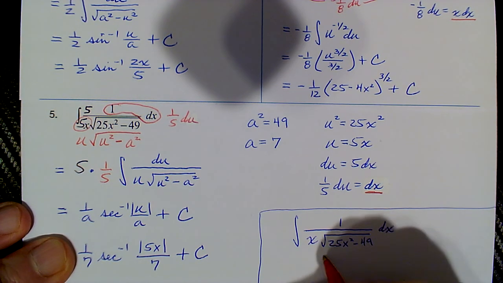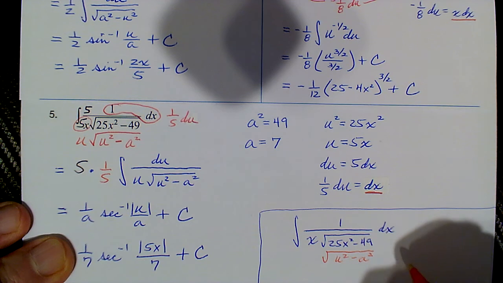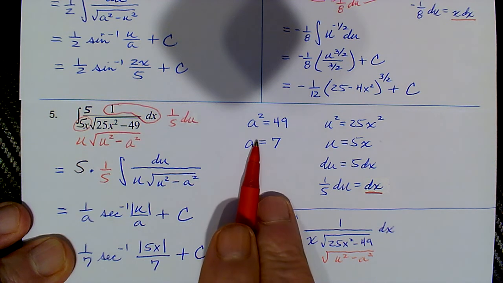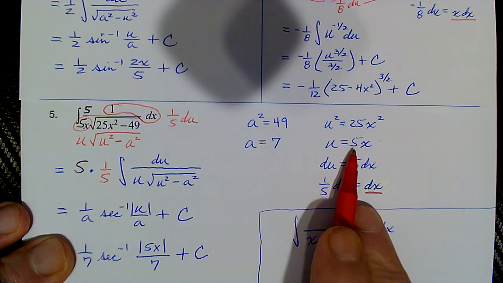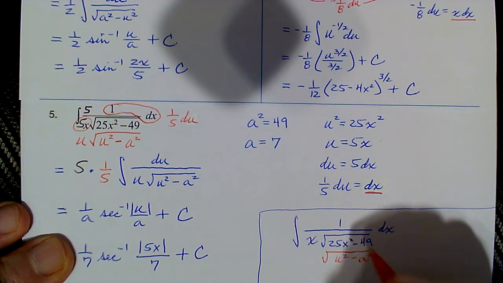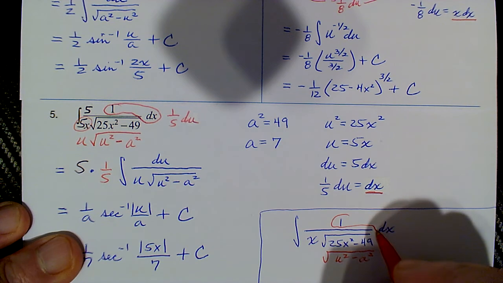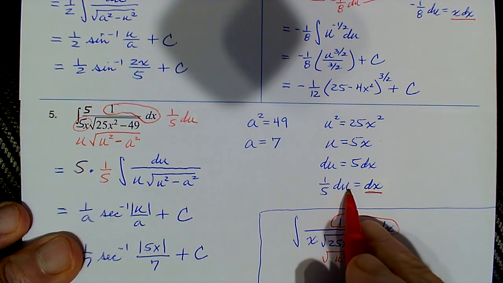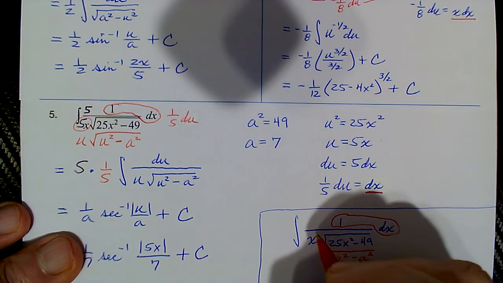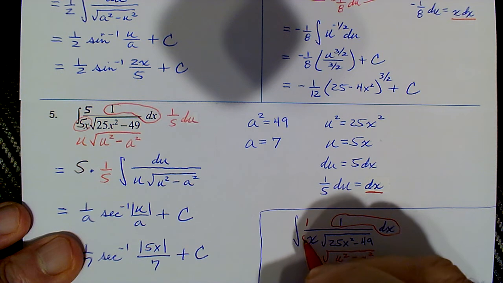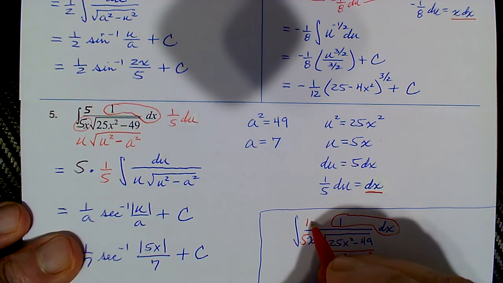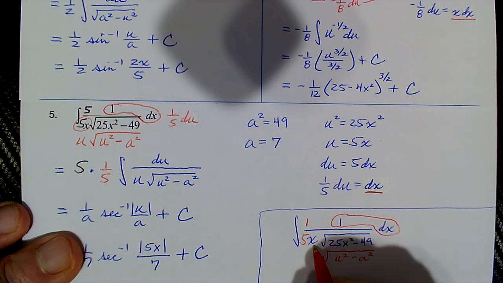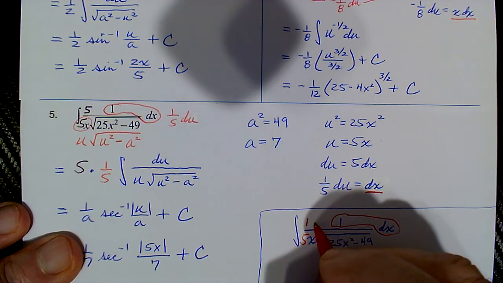You would take the same approach where you classify u squared minus a squared under the radical, you find your a, you find your u, and you calculate your du. But when you substitute the 1 over x, which is 1/5 du, you could actually let the 5 in the 1/5 be the coefficient of this x that's in the denominator.